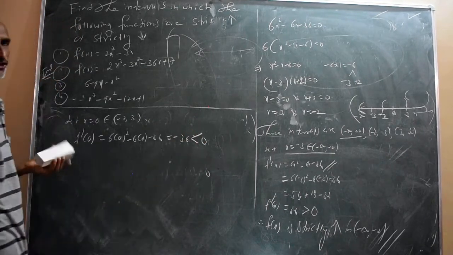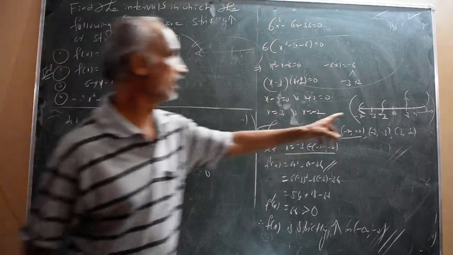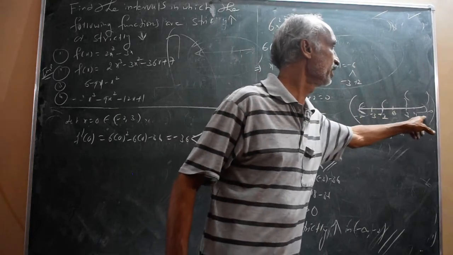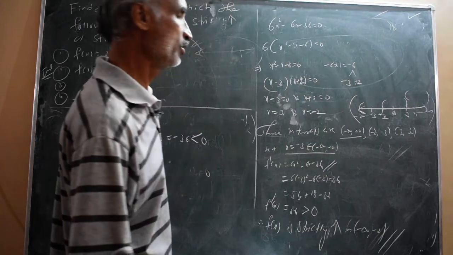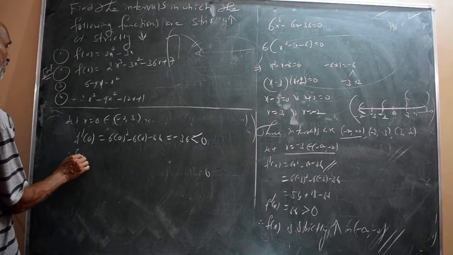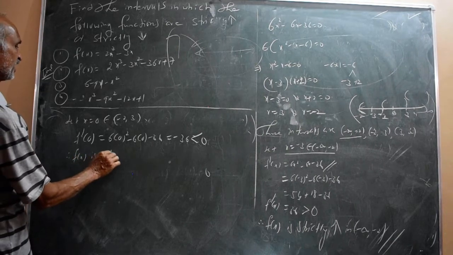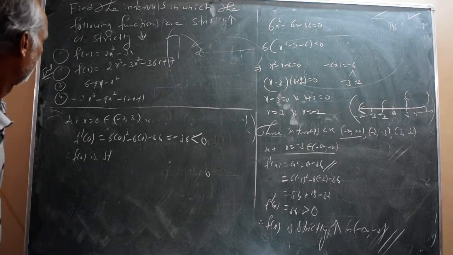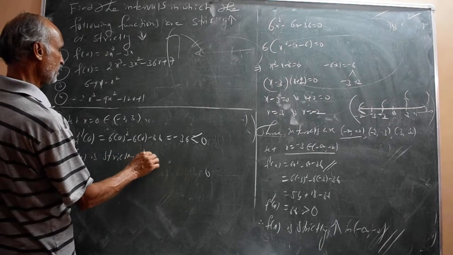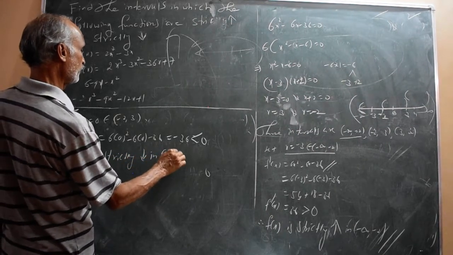Less than zeros are negative numbers, and greater than zeros are positive numbers. Therefore, f of x is strictly decreasing in minus 2 to 3.